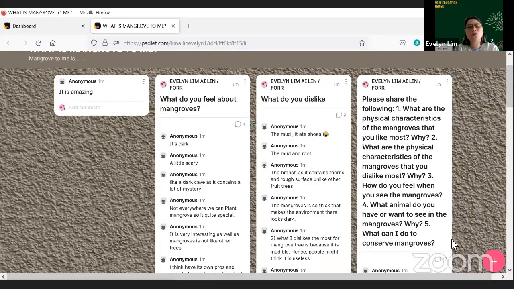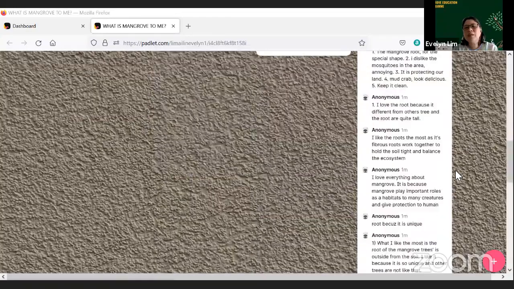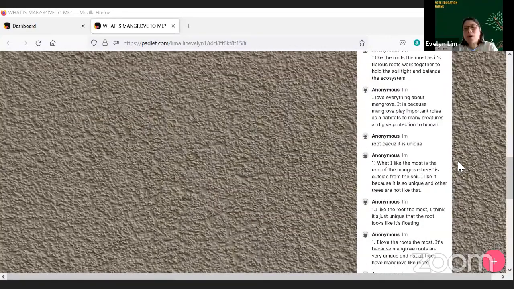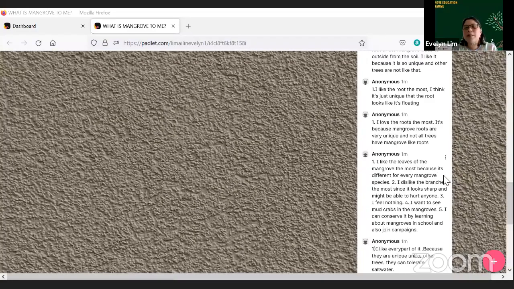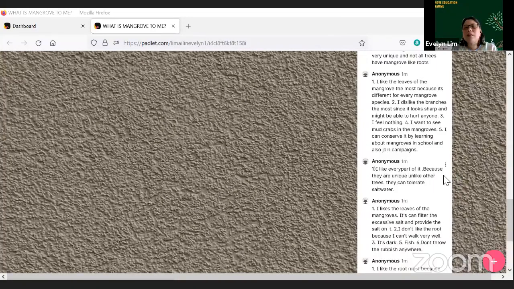And you also talk about the leaves, each with a different shape, and the one you like best is the heart shape. You find them unique, unlike any other trees that we usually find on land, right? So these are some of the interesting characteristics that you like about mangrove.